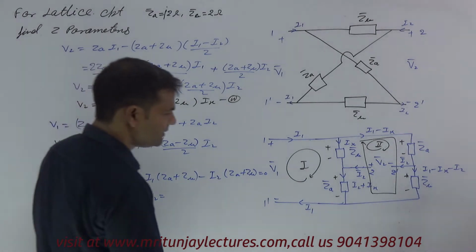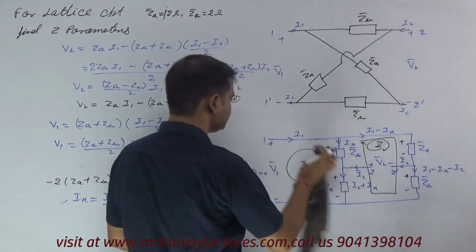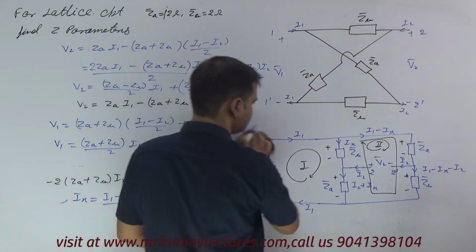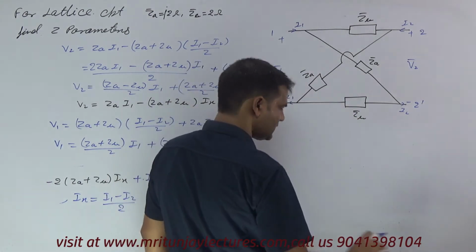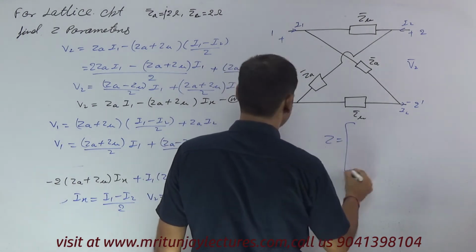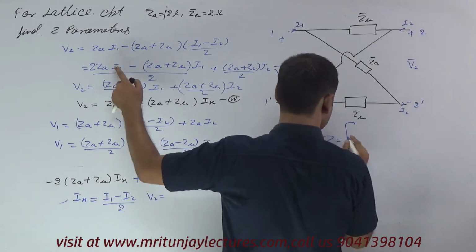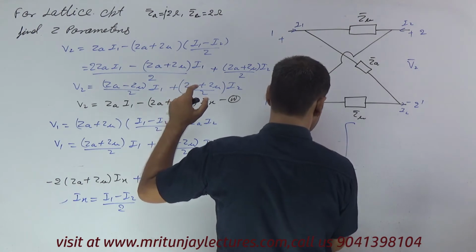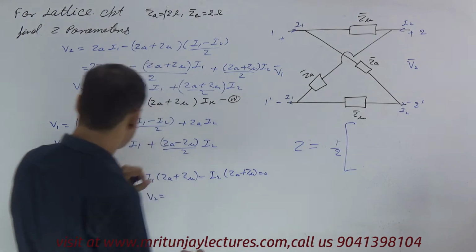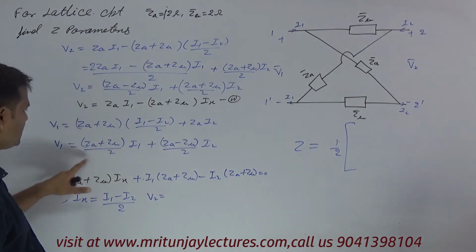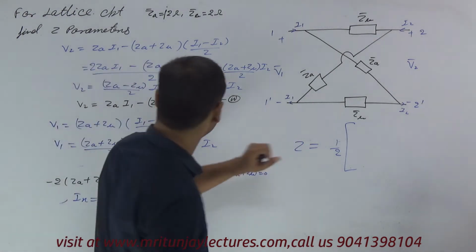So finally we got the Z parameter. The Z parameter is half, and half is common.